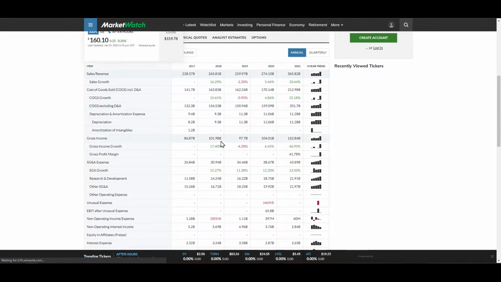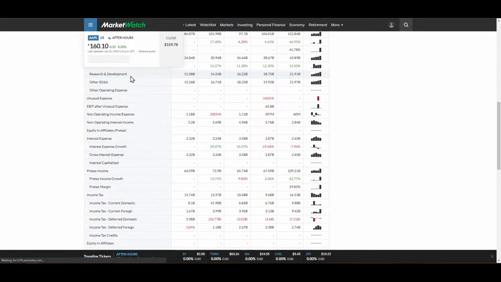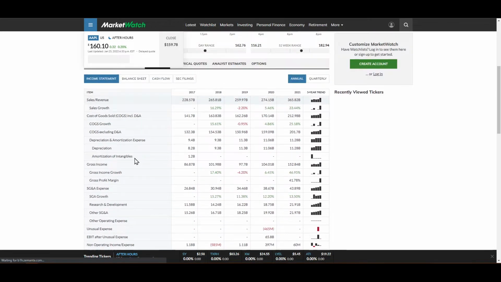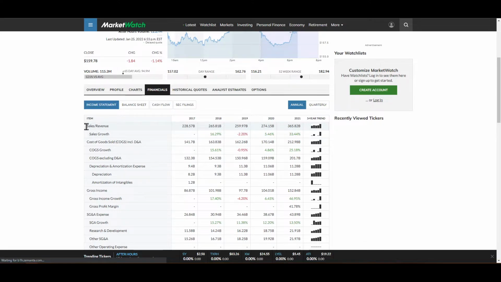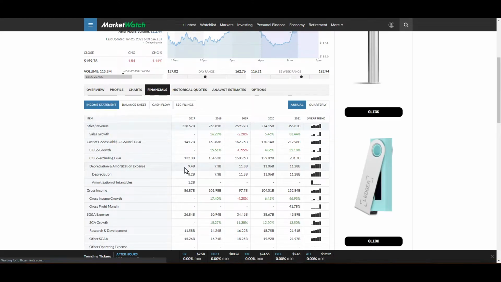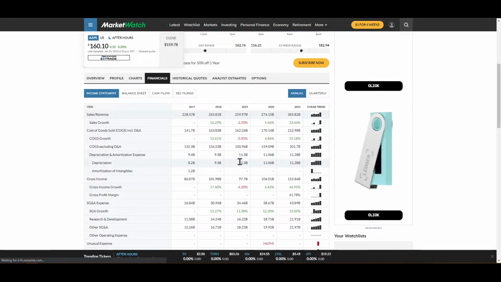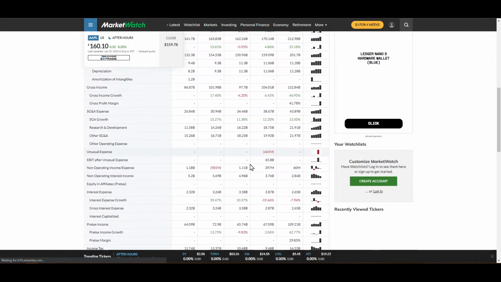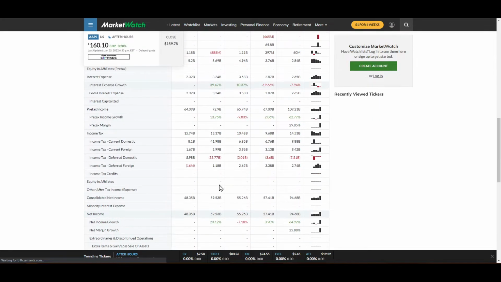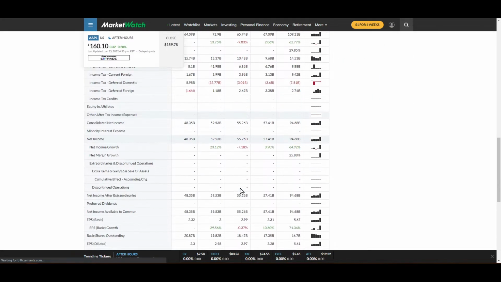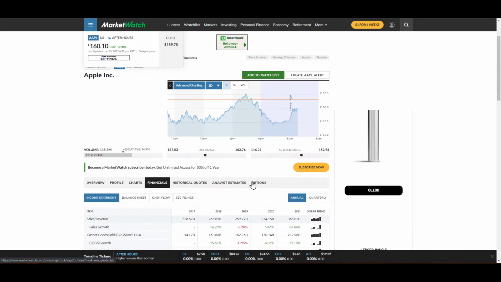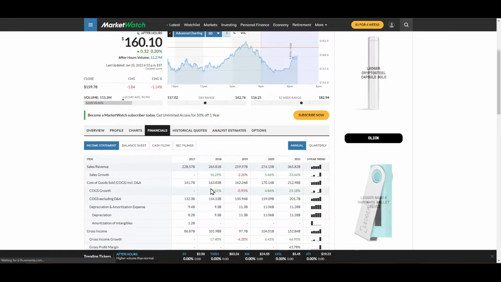You can see all of these numbers, and it's like, well, what's the most important thing? The reality is that if you try to get too cute and focus on any one very narrow thing, then it may not give you the most accurate picture of the company. Believe it or not, there's not a lot of things you really need to look at to get a good picture of the viability of a company.